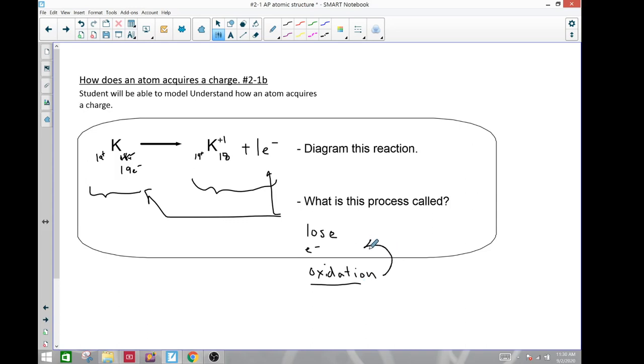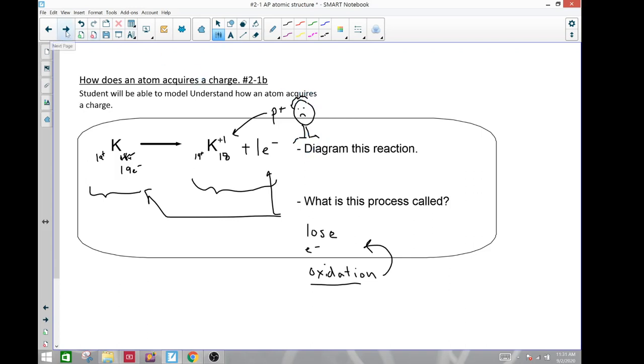So in this situation, we call it oxidation. Very good. Lose electrons, oxidation, so LEO. So notice that to become positively charged, would you ever lose a proton? Not likely. Not in our life on Earth. Not going to happen.